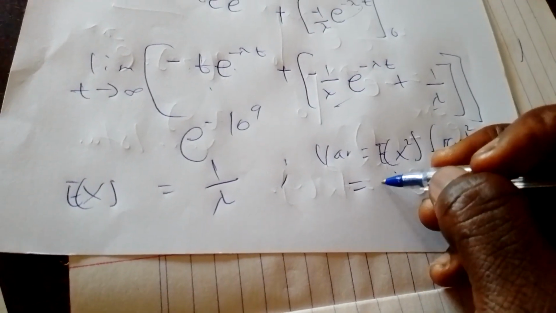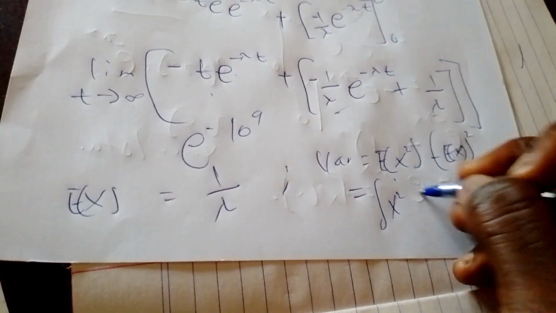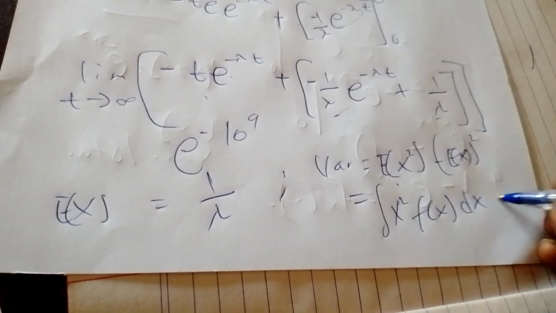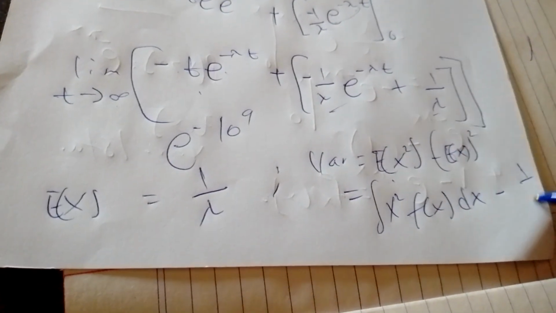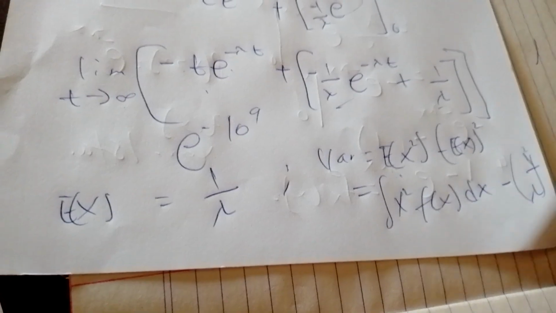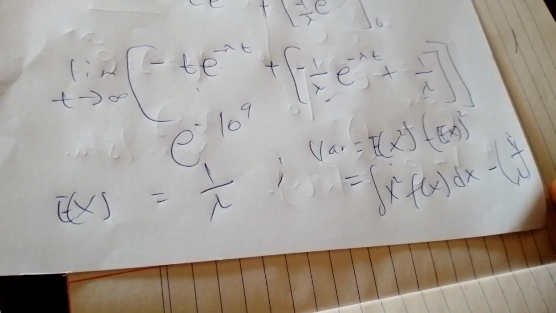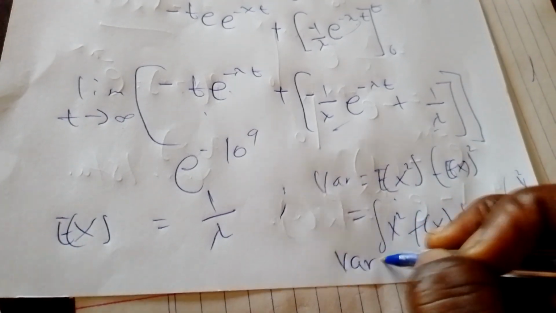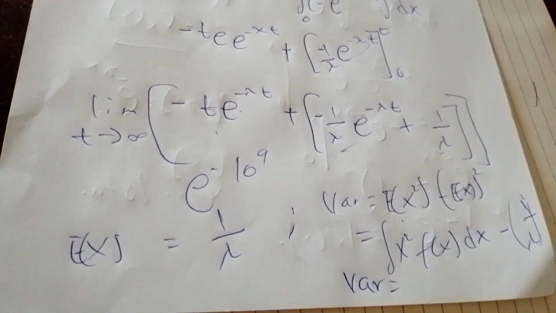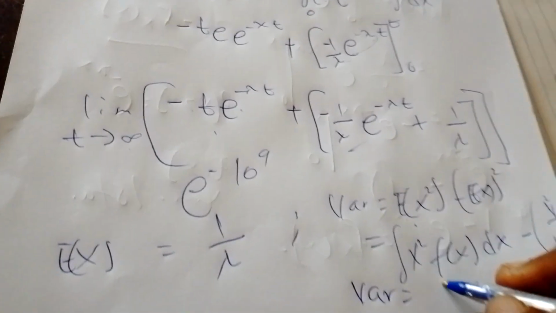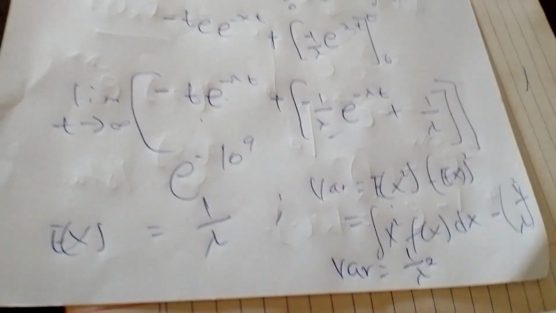For this one, you have to do integral x squared f of x dx, then you subtract 1 on lambda squared. We won't go through that whole long process again, but if you decide to do it, you find that your variance will be 1 on lambda squared.